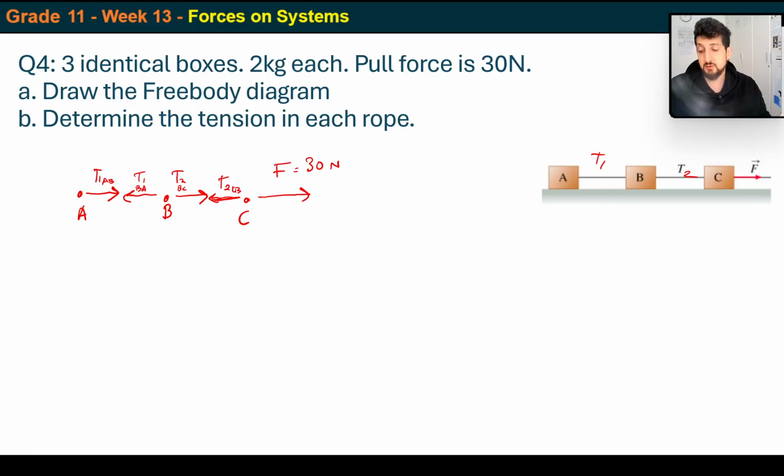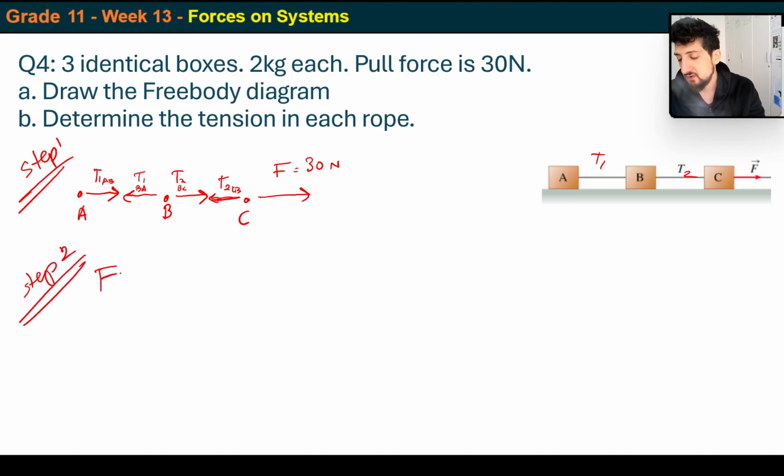Okay, so first of all, the tension over here is equal to the tension over here. They're exactly the same, so I just need to work out one of them. And that is equal to that, so I just need to work out one of them. How do I work it out? Remember, first of all, you draw the body diagram, you determine the forces. We've done that already. Easy. Next step, step 2, we've got to figure out the force equals mass times acceleration.